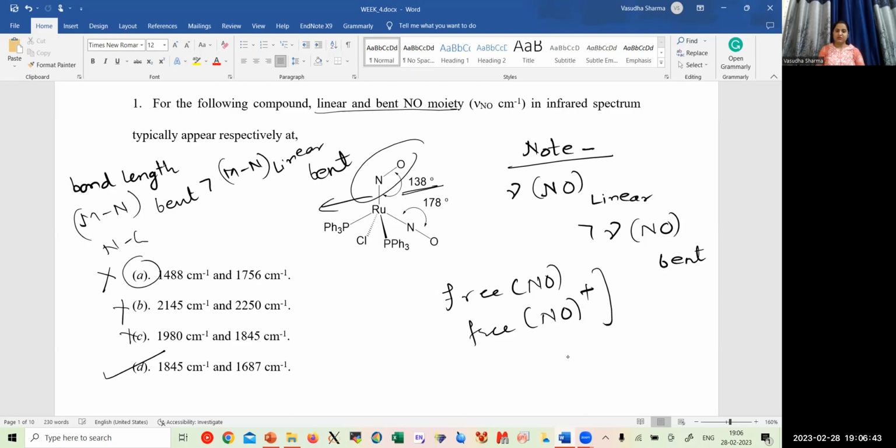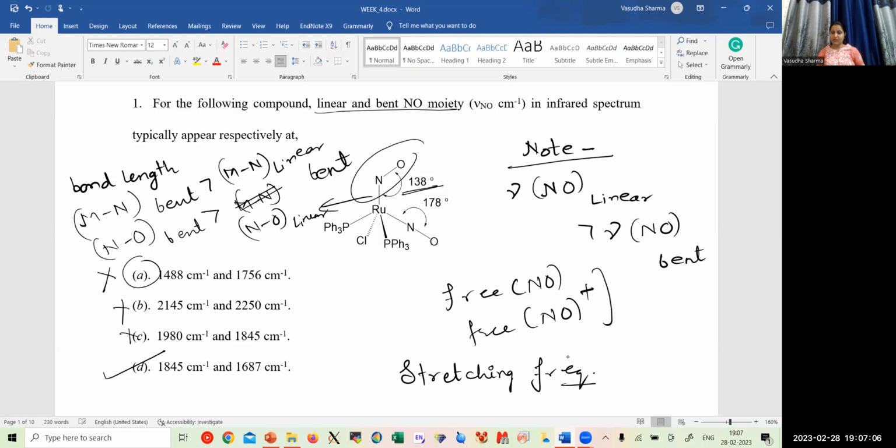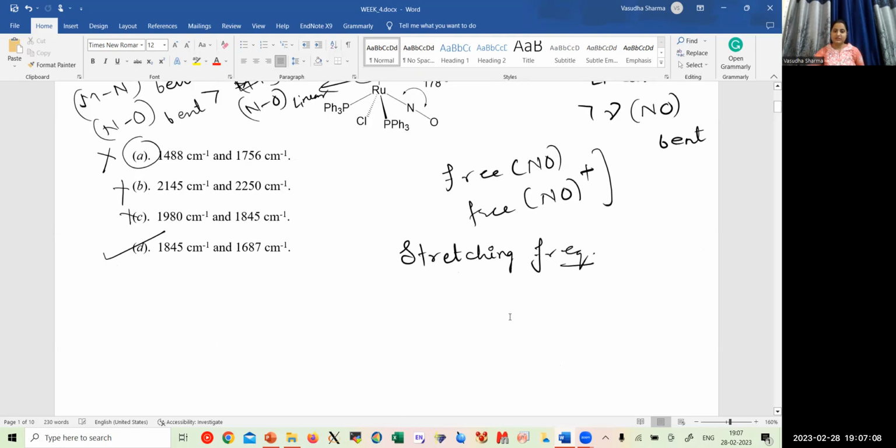Similarly, though not with much difference, the N–O bent bond length would be greater than N–O linear. In both cases, we are talking about the stretching frequency.